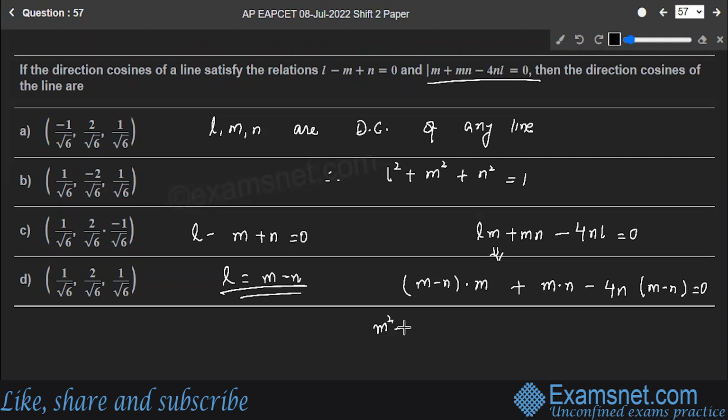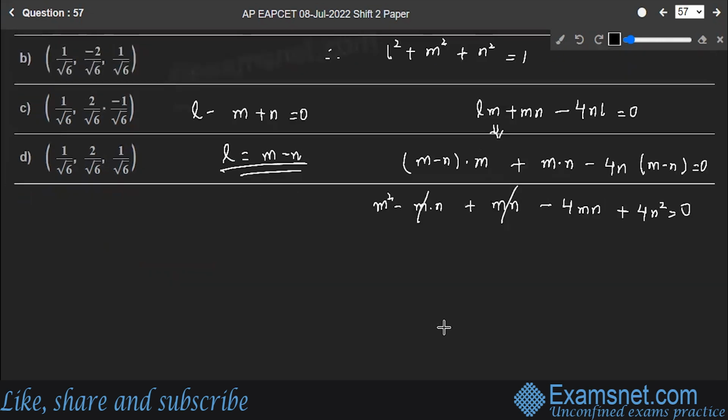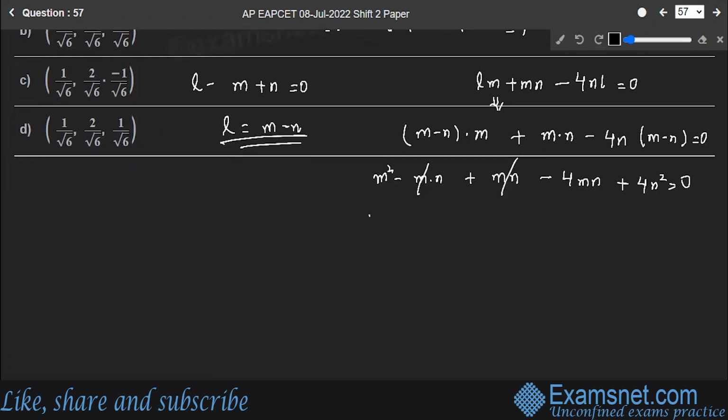So M square minus M into N plus M into N minus 4MN plus 4N square is equal to 0. They will cancel out each other and you'll be left with M square plus 4N square minus 4MN.